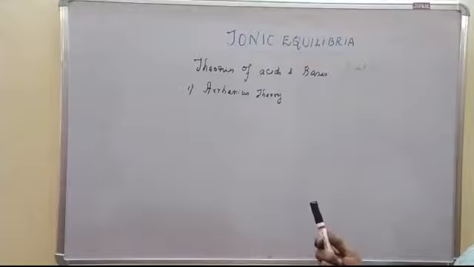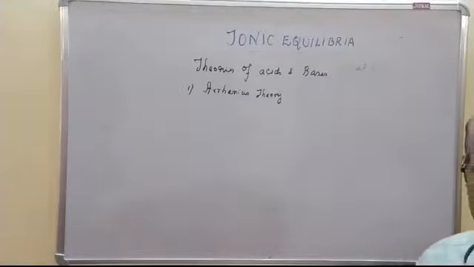But the important limitation of the theory is that it is a selective theory. We cannot explain the basic character of certain substances which do not contain hydroxyl ions. Similarly, we cannot explain the acidic character of certain substances which do not involve H plus ions.